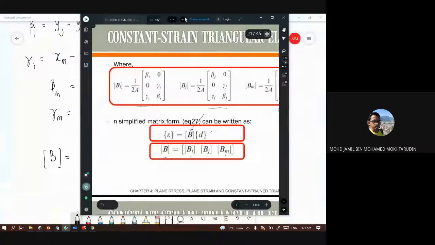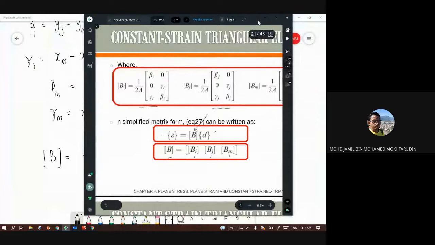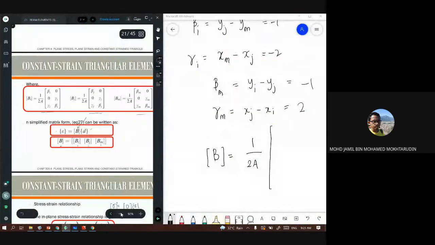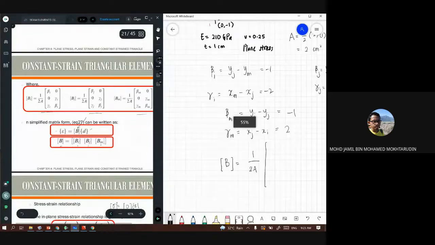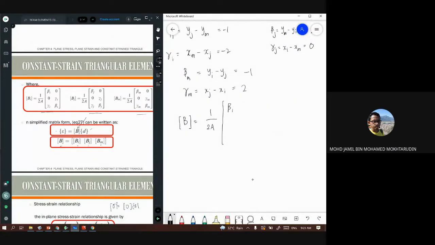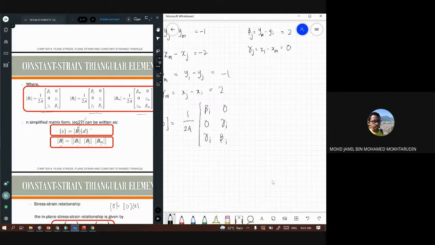Okay, so let's copy it first. So times beta I 0 gamma I 0 gamma I beta I, and then repeat.